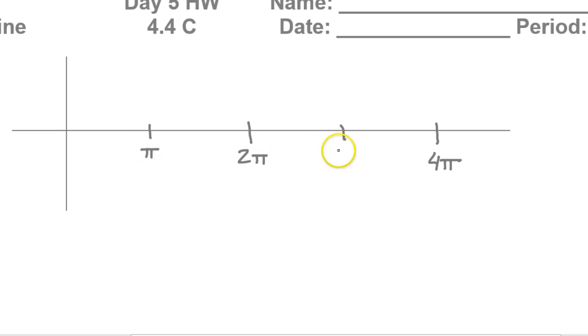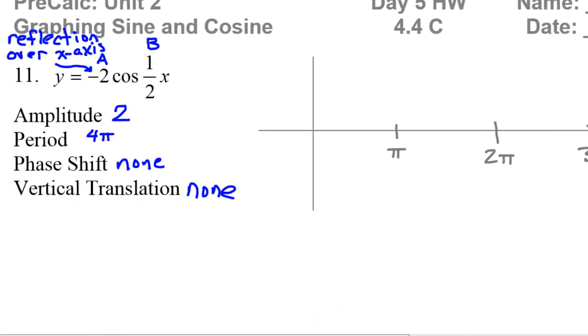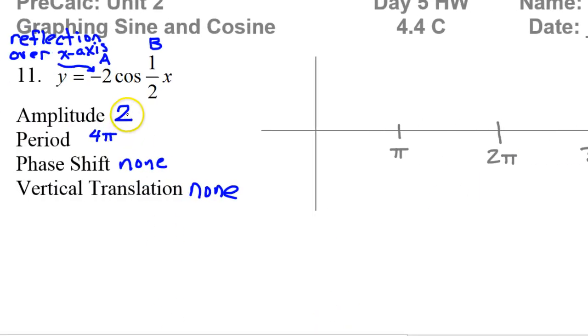And in the third position, that will be 3 pi. Now look at the amplitude, which is 2. Since there is no vertical translation, the x-axis is still the midline. So I can just label the amplitude by going up 2 and down 2. So that keeps it pretty simple.